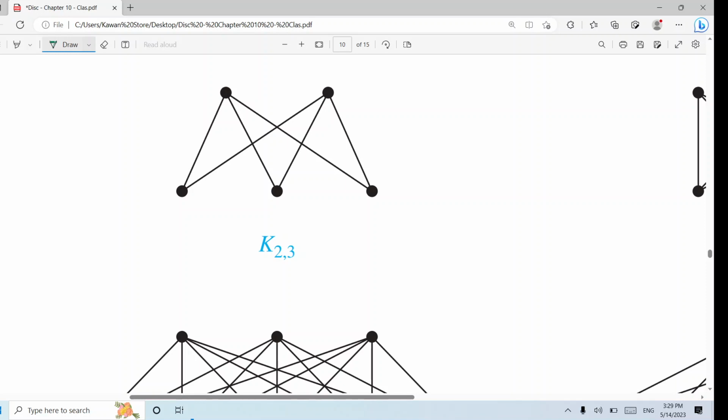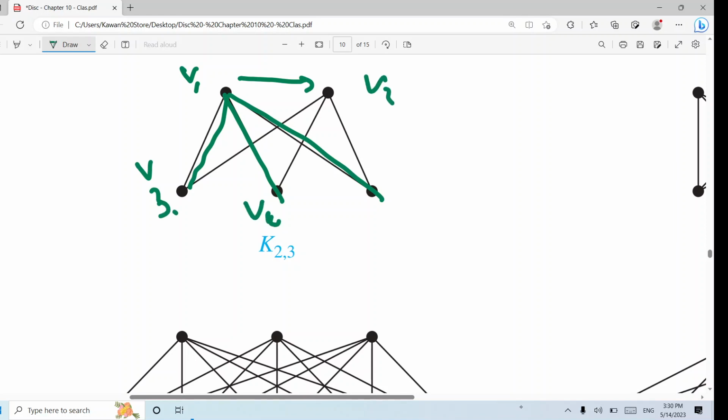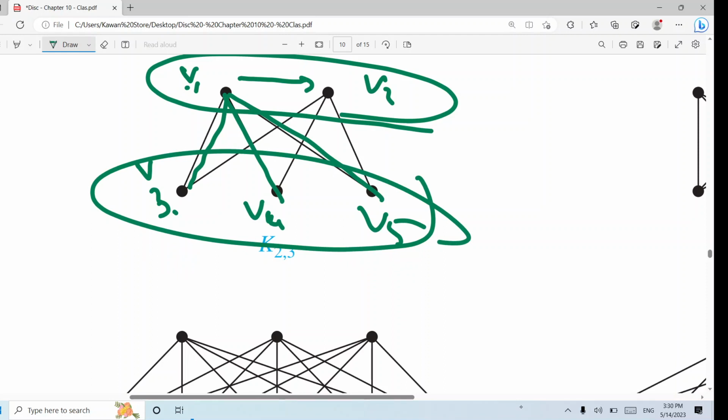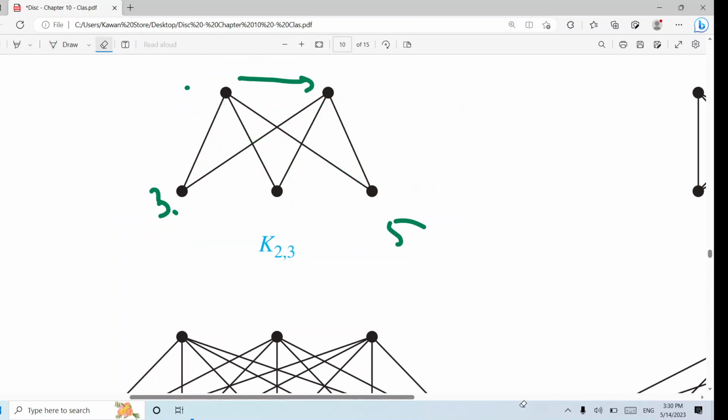Because each vertex, they connect, right? But how about here? If I have V1, V2, V3, V4, V5. But V1 and V2, they are connected? No. But because we make the two groups, and the first group is connected to the other, and the second group is connected to the others, so we can call them a complete bipartite.